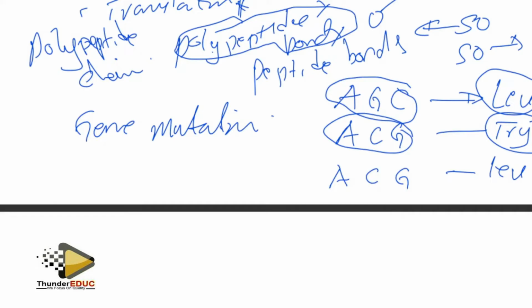This leads to a different protein or different functioning of a protein. Mentioning this is a tick, and mentioning different protein is another tick, because this question is always 3 marks.